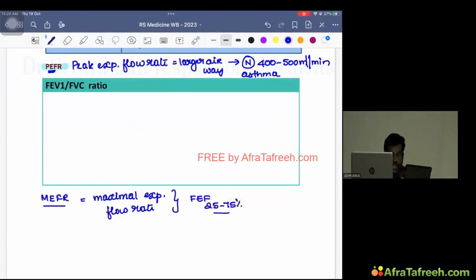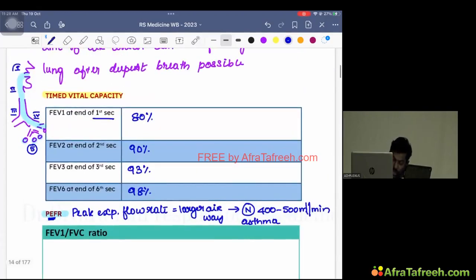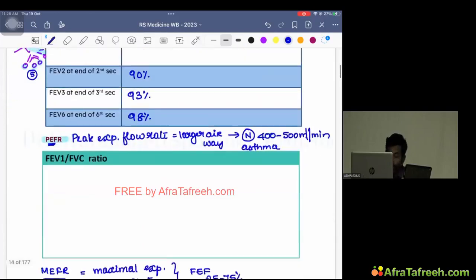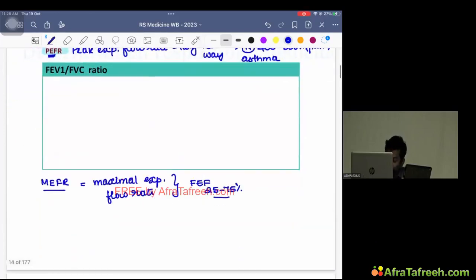I told you this is part 1, part 2, part 3, part 4. If I divide it into 4 or 5 parts, the air coming out from the area of 25 to 75% is considered the maximal expiratory flow rate, or FEF 25 to 75%.